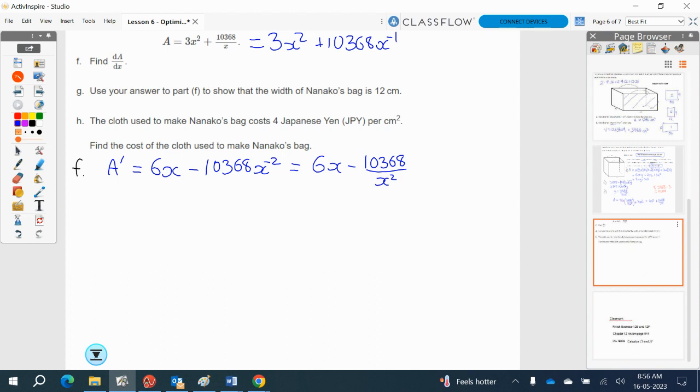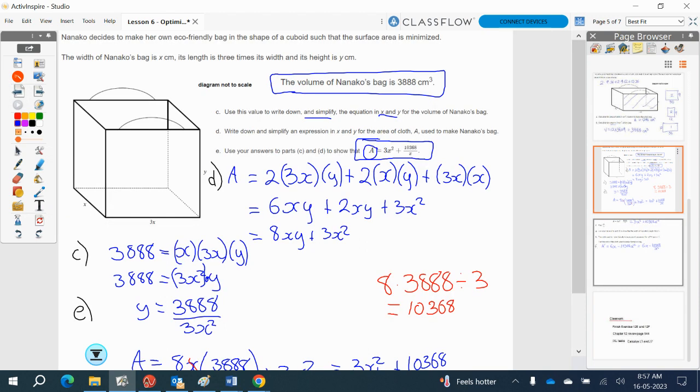Use your answer to part F to show that the width of the bag is 12. Oh, you put that into the original dimensions, right? And no. So what we've got here is Nanako decides to make a bag with a minimum surface area.